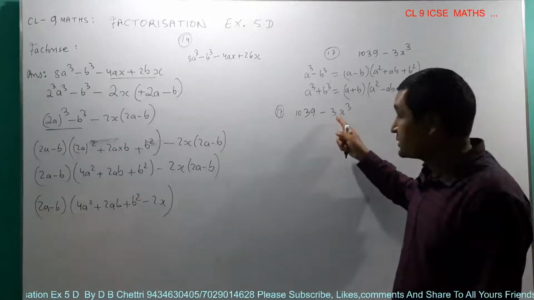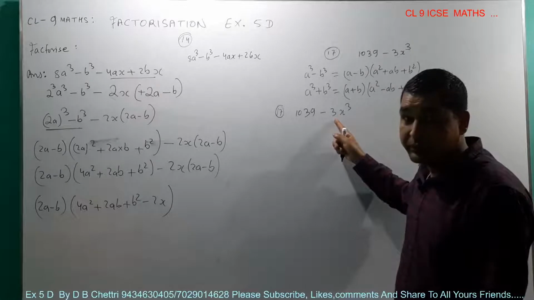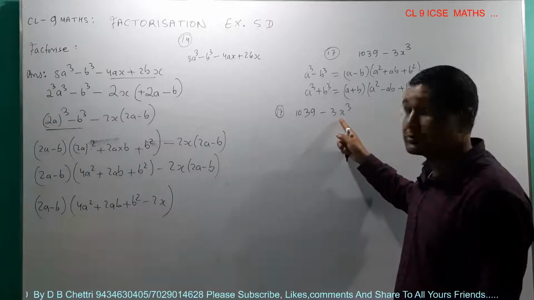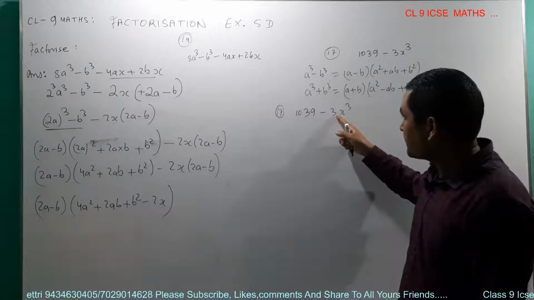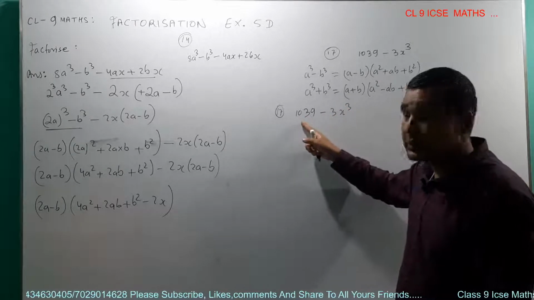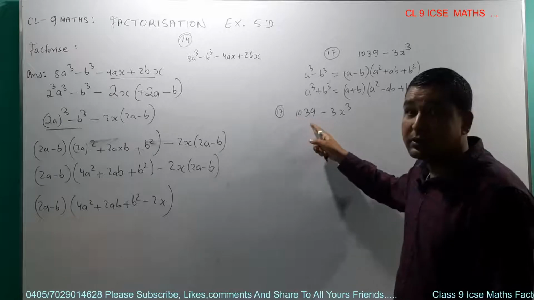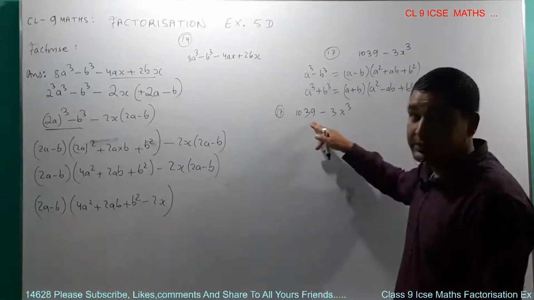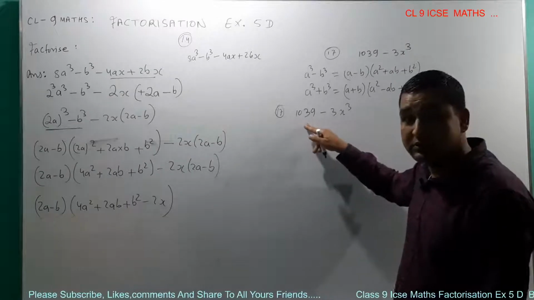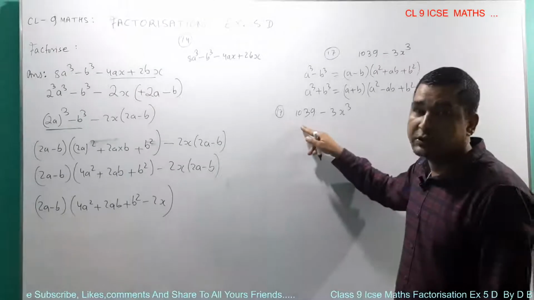That means we need to take 3 as a common out of these terms. If we are taking 3 common, this must be a multiple of 3. How to check whether it is a multiple of 3 or not? Just add all the digits. If the sum of the digits is a multiple of 3, then the whole number is a multiple of 3.